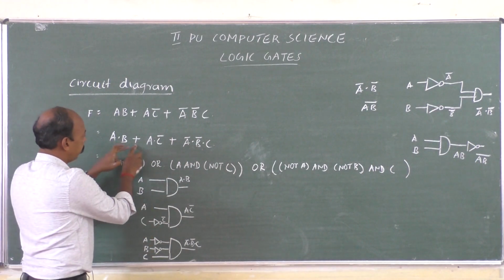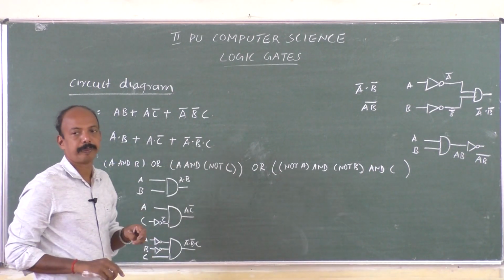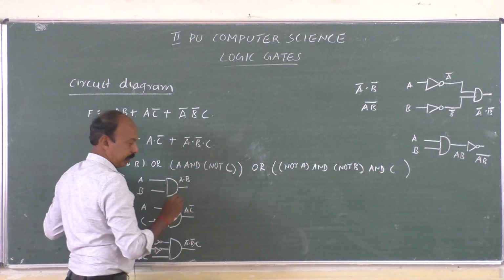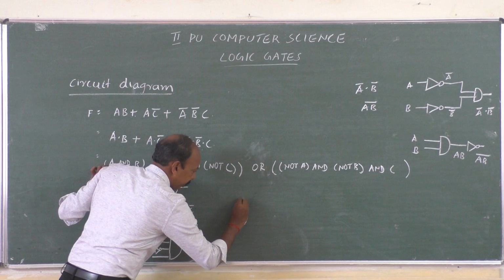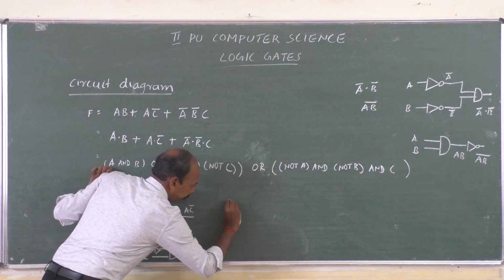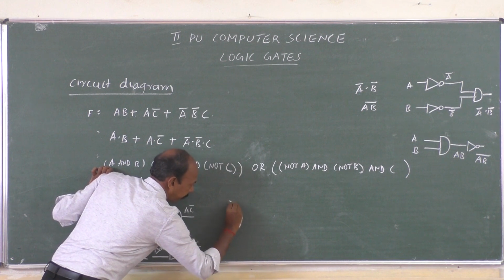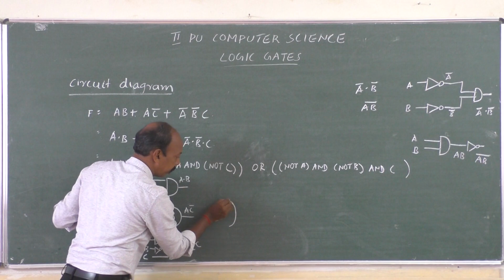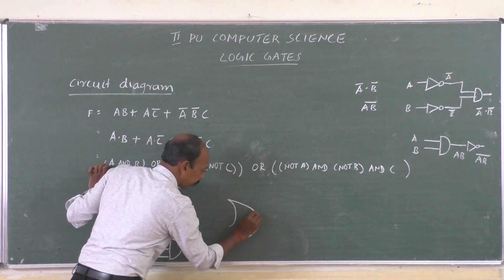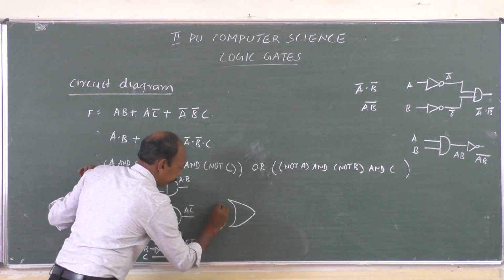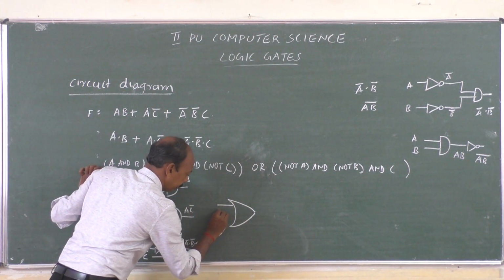Now what we have to do? We have to add it up. We have to OR it now. For ORing it, we write that particular gate, the OR gate. In the second level, it is the OR gate. So 3 inputs for that.